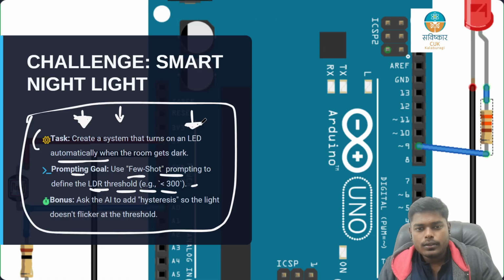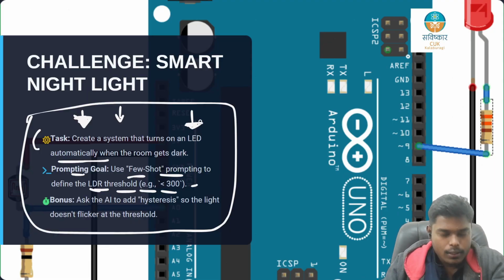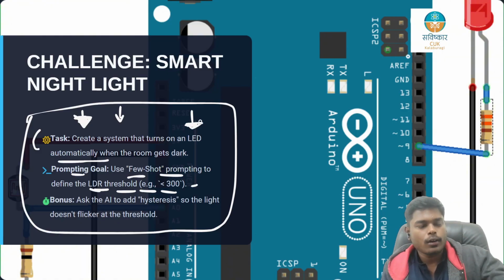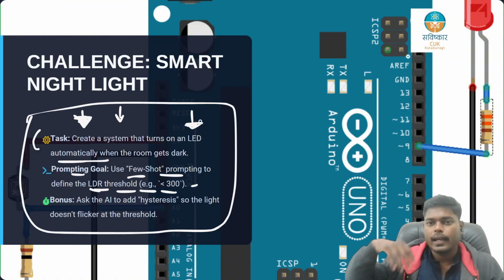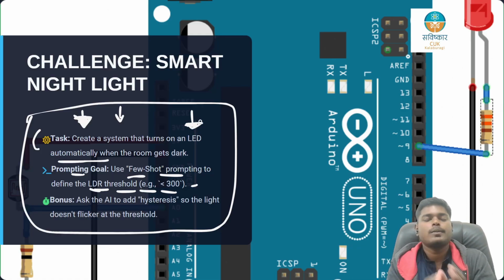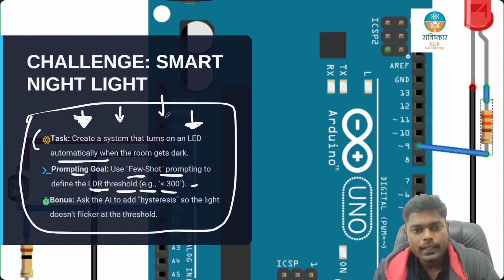For today's session, there is no assessment, but this week's assessment will be given to you at the end of the last lecture. In the last lecture, you will be given the final assessment covering this concept of AI prompting and the next session's concepts all together. So this question will be there. Try to work on it, where the LDR sensor will be working to automate the room light.